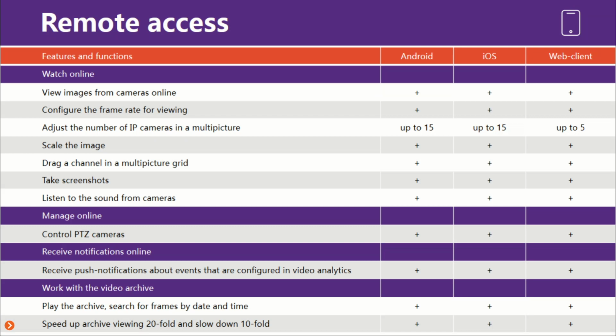You can search by date and time. You can increase or decrease the speed of archive playing. You will be in a position to get push notifications. PTZ control will also be available to you.